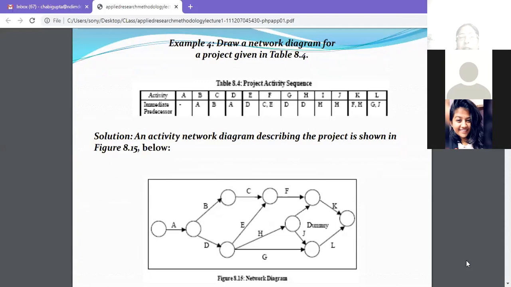This is one of the tough ones. So this involves a dummy as well. Immediate predecessors are given to you: A dash, B A, C B, D A. Draw like that, go one by one. Today we'll do only drawing the diagrams.